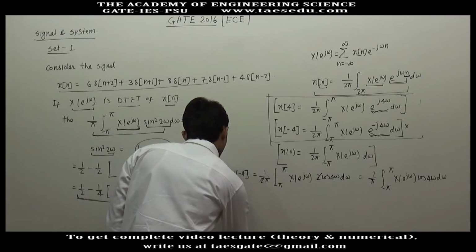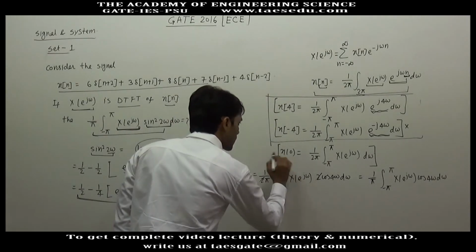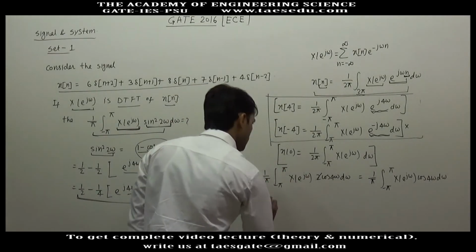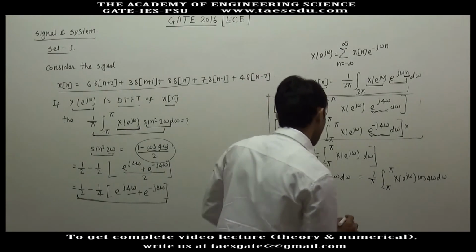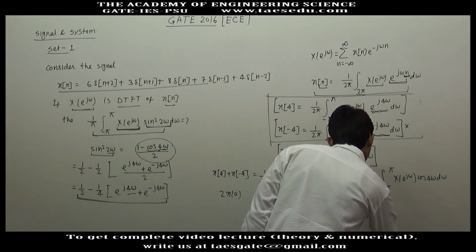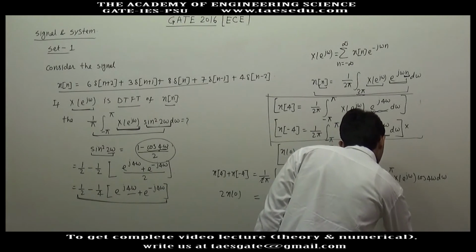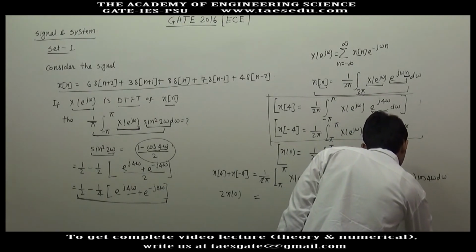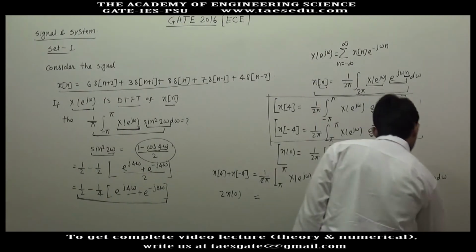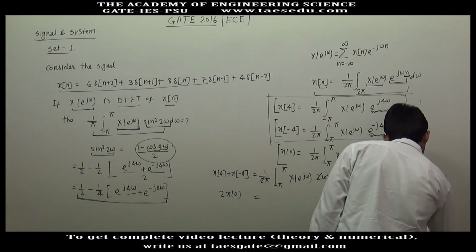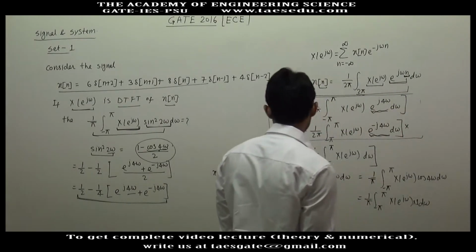And what will be the value of 2x0? Here we have the value of x0. So 2x0 will be equal to 1 upon pi integral from minus pi to pi of x e to power j omega d omega, since you have multiplied with 1.